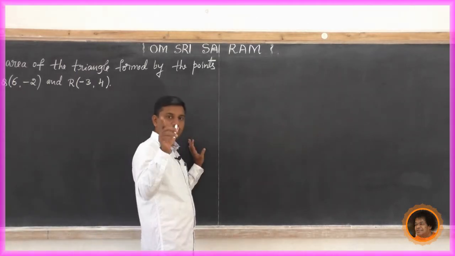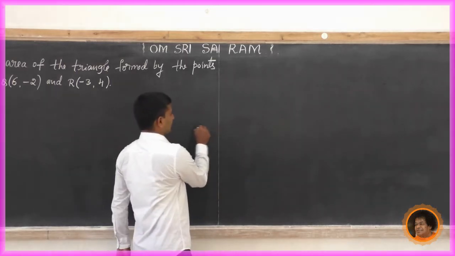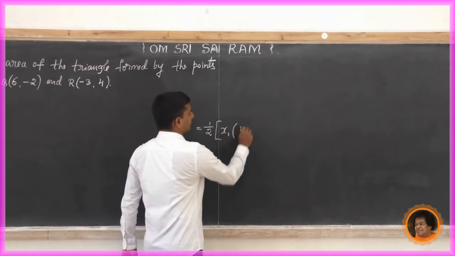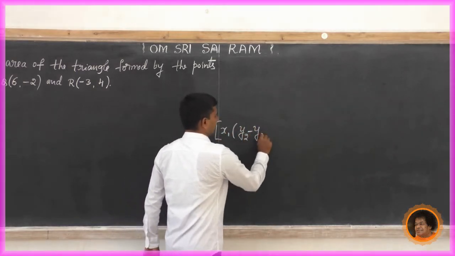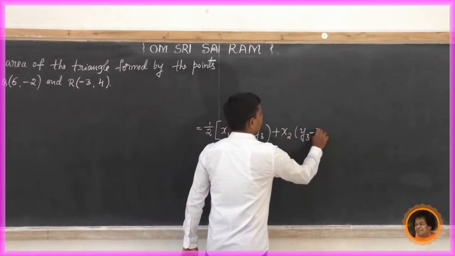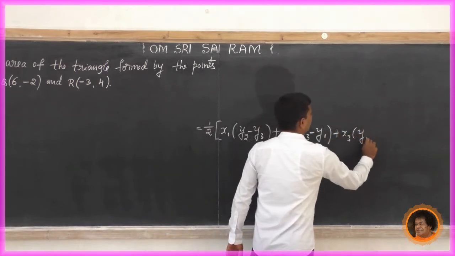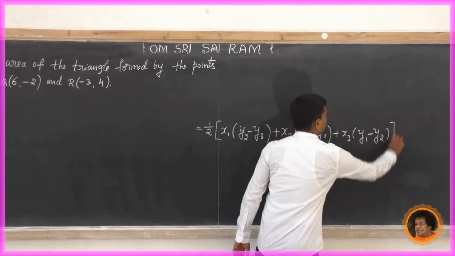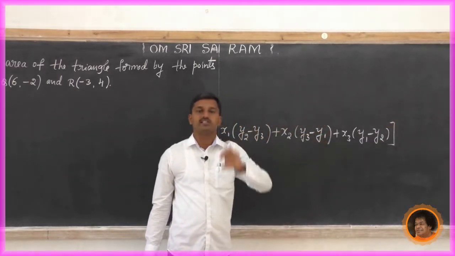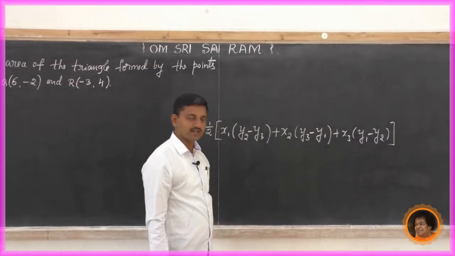If the three coordinate points are given on a Cartesian system, the area of a triangle equals half into x1 into y2 minus y3 plus x2 into y3 minus y1 plus x3 into y1 minus y2. Using this formula, we can find the area of a triangle if the three coordinate points are given on a Cartesian system or the Cartesian plane.